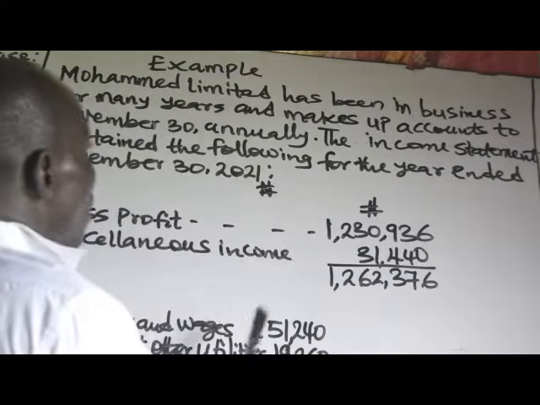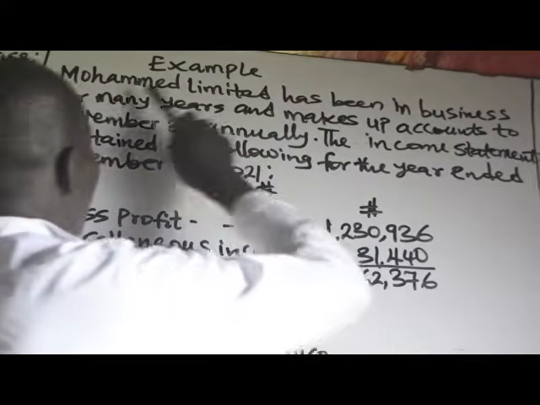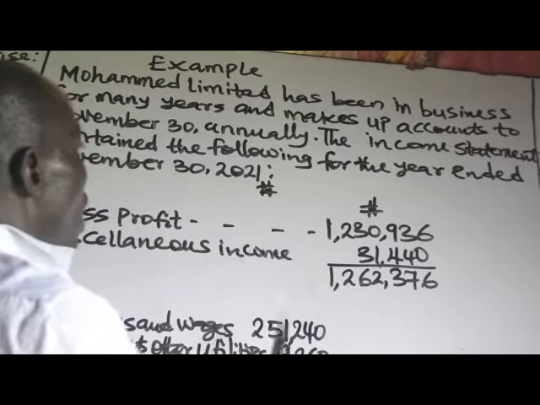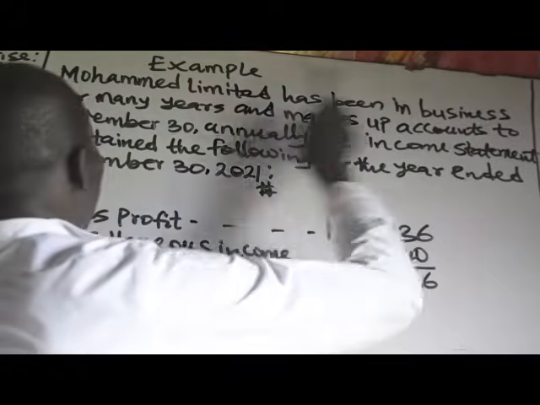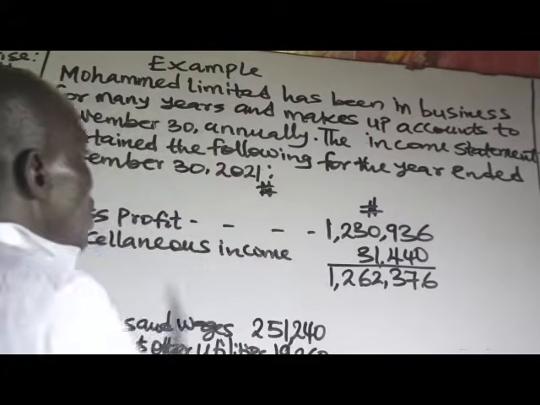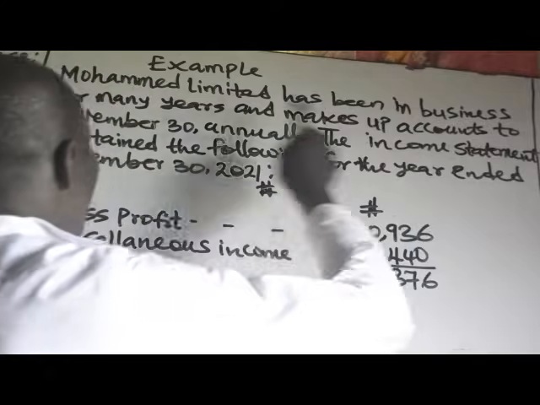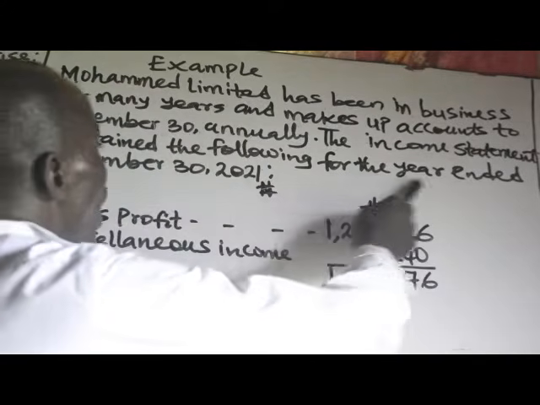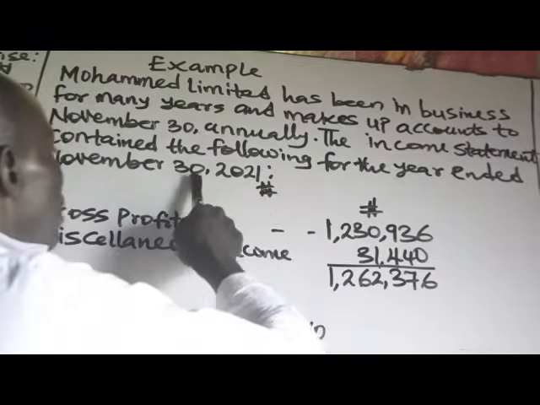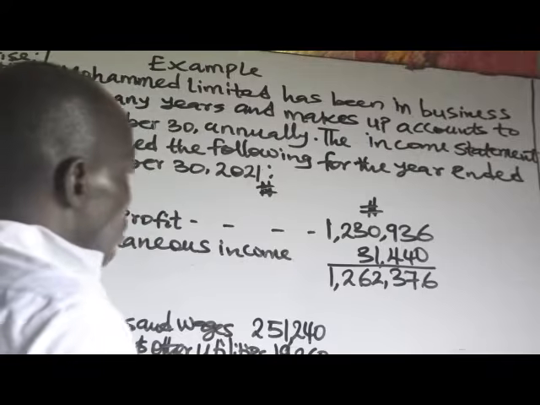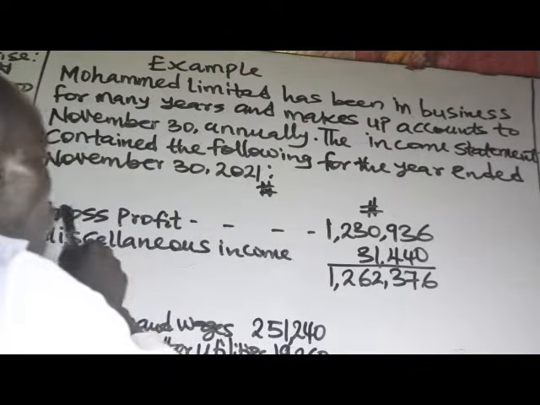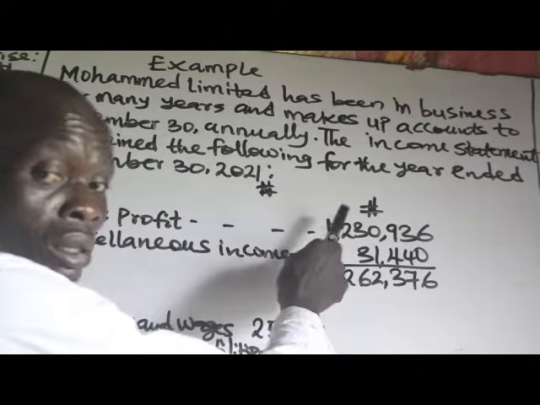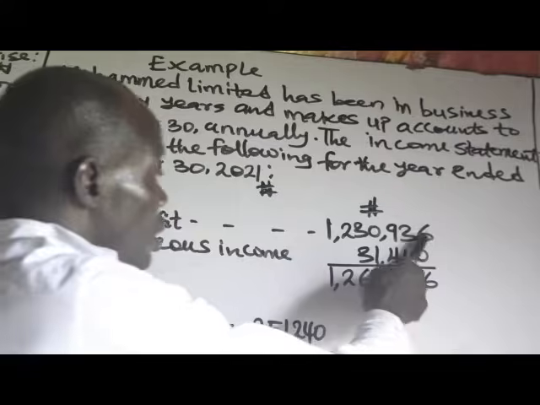Muhammad Limited has been in business for many years and makes up accounts to November 30 annually. The income statement contains the following for the year ended November 30, 2021. We have gross profit of 1,230,936.